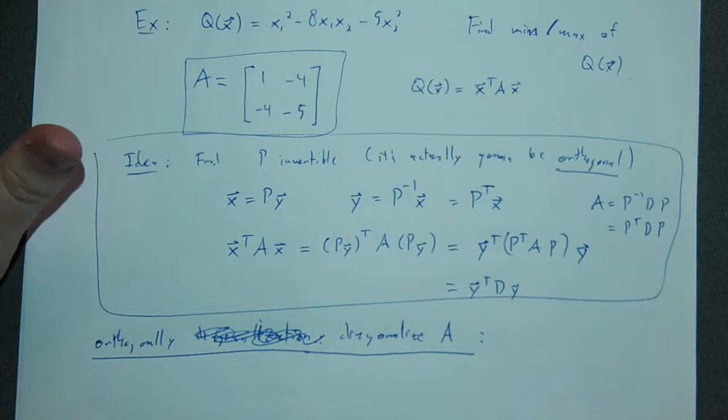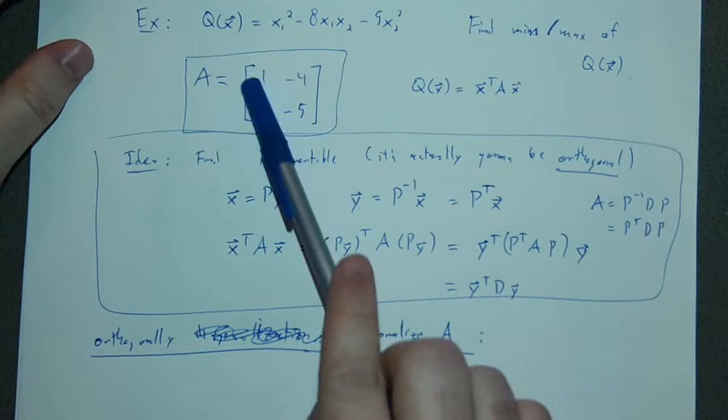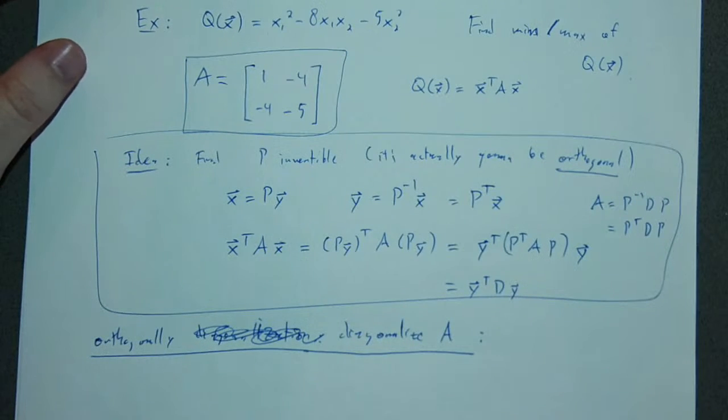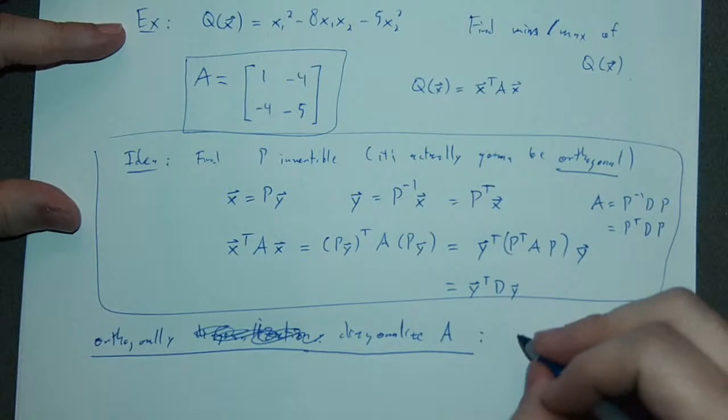So if you orthogonally diagonalize A, here's my matrix A. I'm not going to go through the whole process, since we've done a lot of diagonalization. So find eigenvalues, eigenvectors.